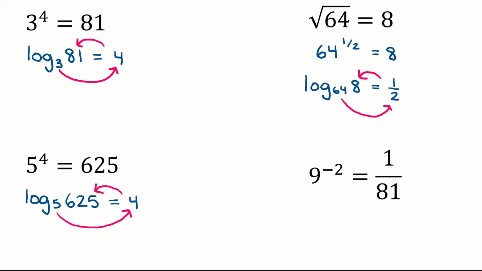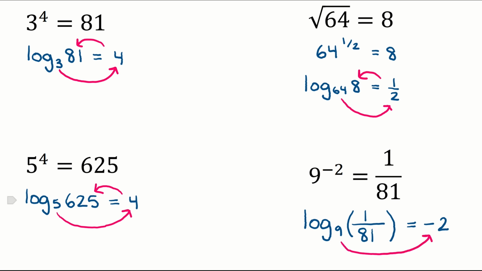And finally, we have 9 to the power of -2 is equal to 1 over 81. So log, what is the base? The base is 9. What is the result? It is 1 over 81. What is the exponent? It is -2. So again, 9 to the power of -2 is equal to 1 over 81.